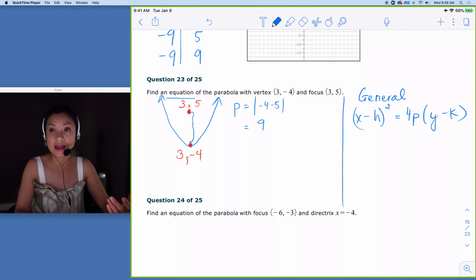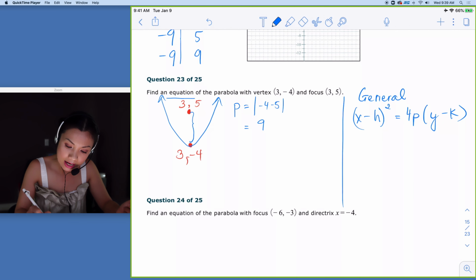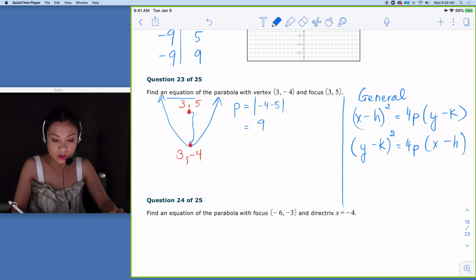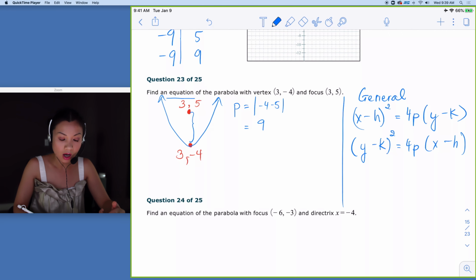And then (h, k) is the vertex. Now, the y squared one is going to be the opposite. So it's going to be y minus k squared equals 4p times x minus h.